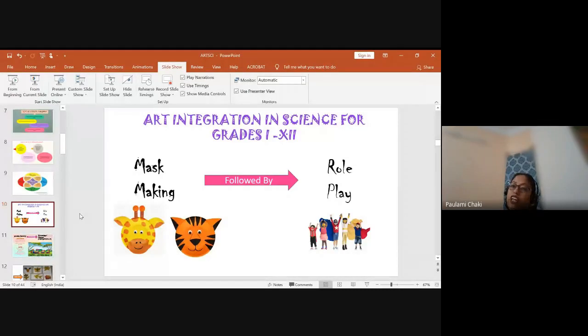But in lower grades, what I suggest is that mask making should always be followed by role play. For this mask making activity, I always collaborate with my arts teacher. At the beginning of the session, we make a master plan, so we already know what we are going to do at what point of time during the academic session.